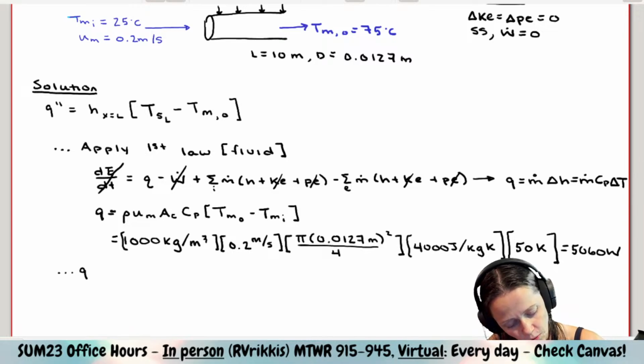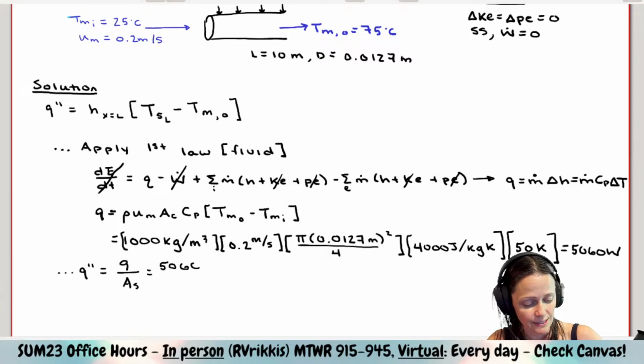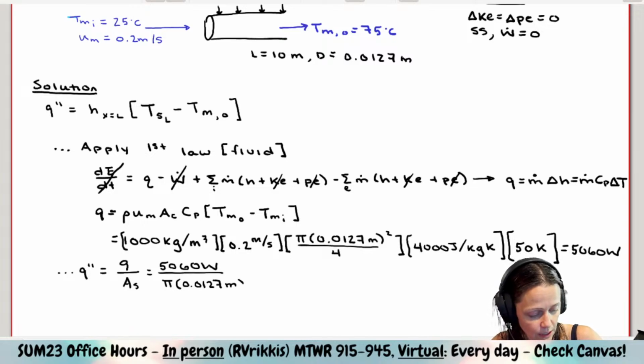And I know that this Q double prime is related to that 5060 watts because Q double prime is going to be Q over that surface area. So it's going to be the 5060 watts divided by pi dL. So pi times 0.0127 meters times our length, 10 meters.